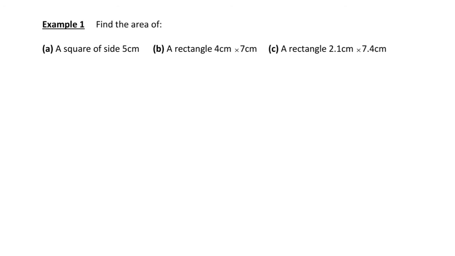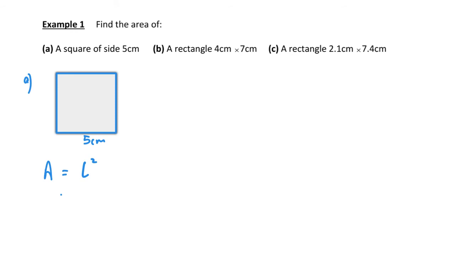Now it might be helpful for us to draw a shape. So draw a square and a rectangle for each of these before we do any working out. So I'll draw my square for part A, and we know it's 5 centimeters all around, and the area of a square is length squared, which is 5 squared, which is 25, and then the units of area are squared centimeters.